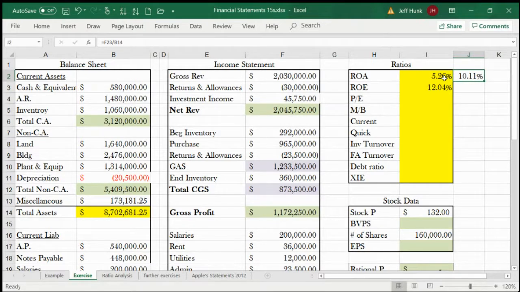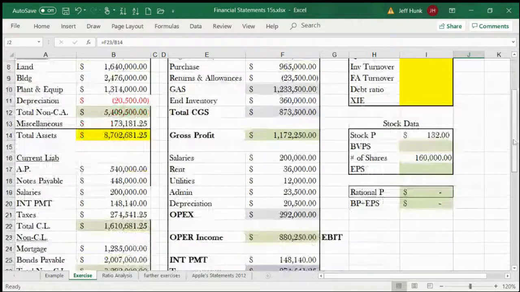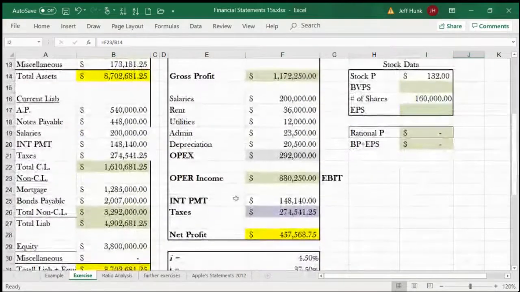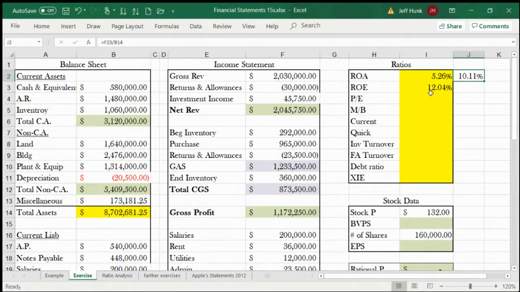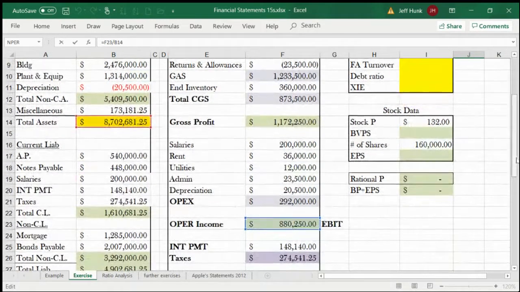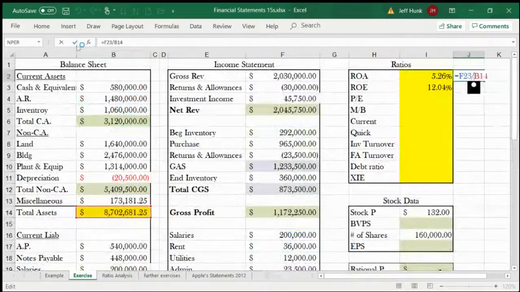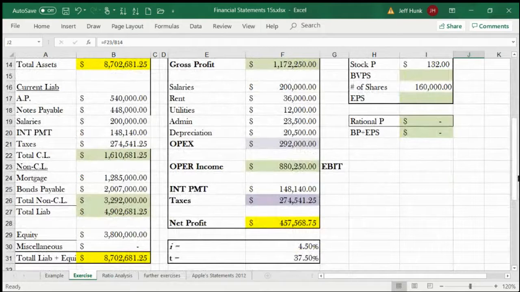So for the bondholders or debt holders, instead of using net profit as the numerator, which doesn't even belong to them, they would rather use EBIT over total assets. Why?